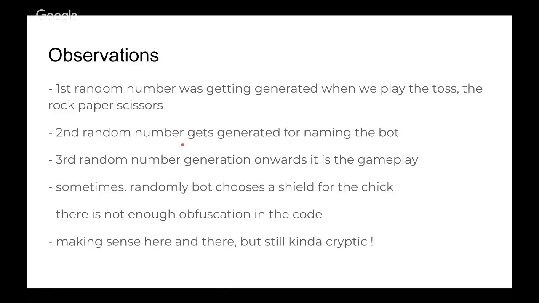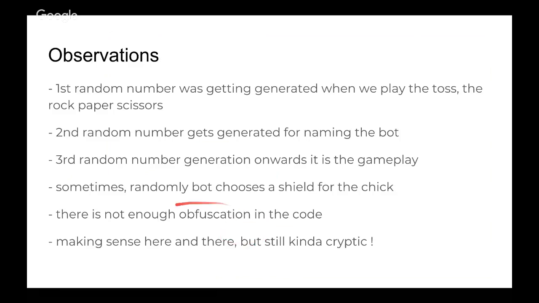The third random number generation onwards, everything was in the gameplay, right? Which was basically controlling the placement of the chickens on the grid, or placement of the rockets on the grid by the bot. So from the third random number generation onwards, it was all like that.